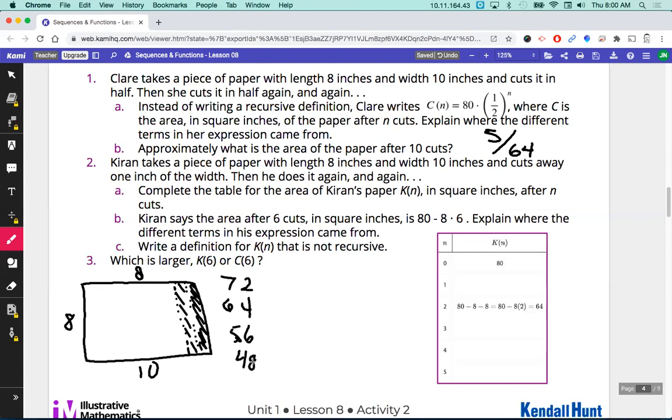It's just going to keep going down by 8 each time. Now this would represent our arithmetic sequence, because it's going down by a consistent amount. We're subtracting the same amount each time. So even though we started with the same paper, instead of cutting the area in half each time, it's going down by 8 each time.